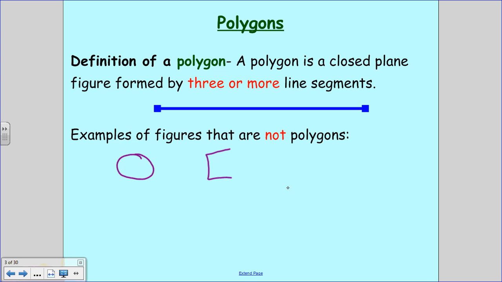That figure is formed by line segments, but it doesn't close, so that's another example of something that's not a polygon. Or even a simple angle is not a polygon. Again, it's not closed and it doesn't contain 3 or more segments.